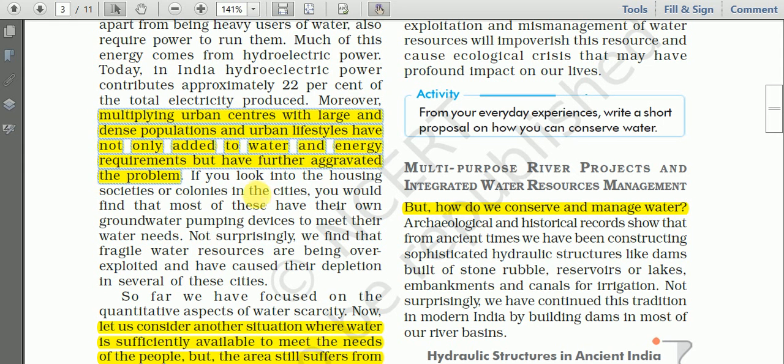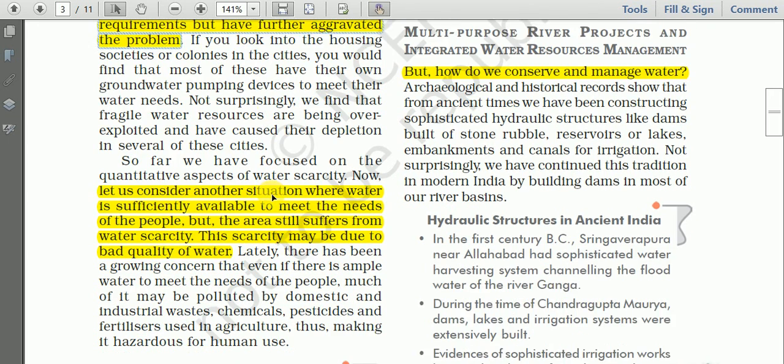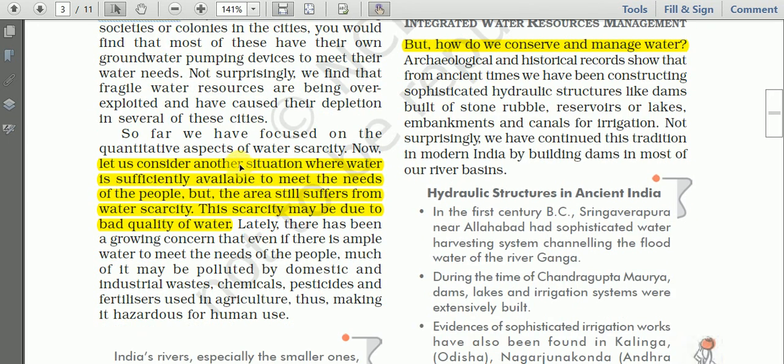Then multiplying urban centers, means increase in the number of cities, and lifestyles aggravated the problem of water scarcity. Then actually pollution is also another important point for causing water scarcity. If water is polluted, then there will be water scarcity.